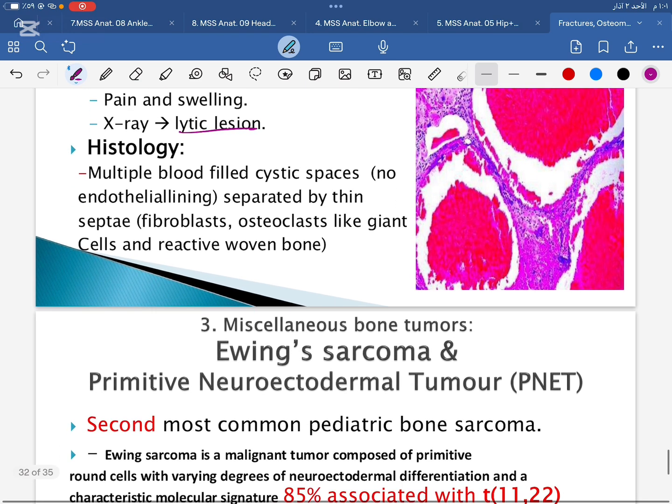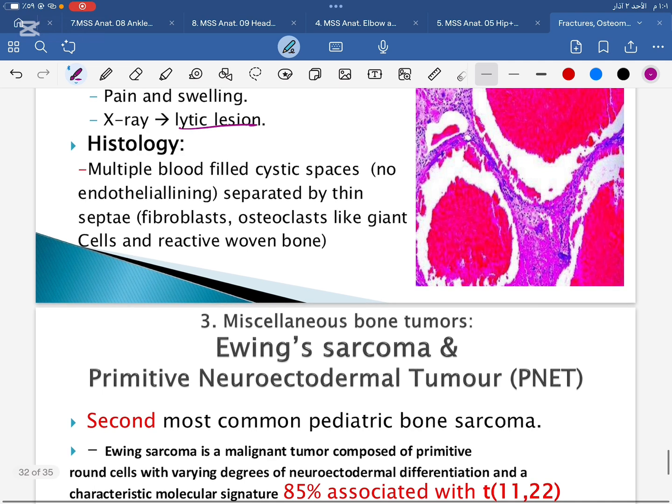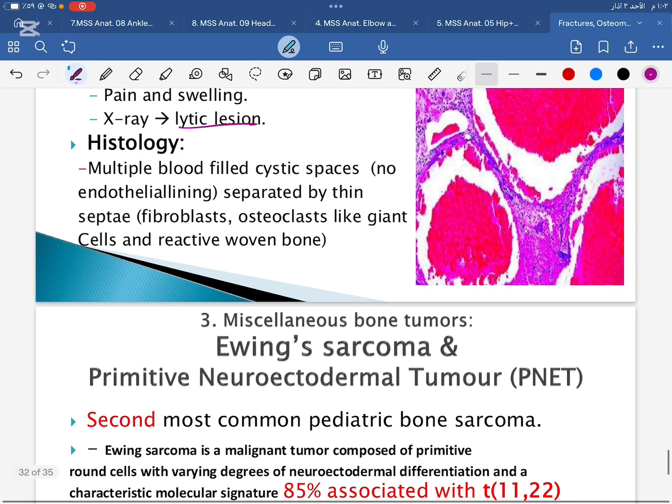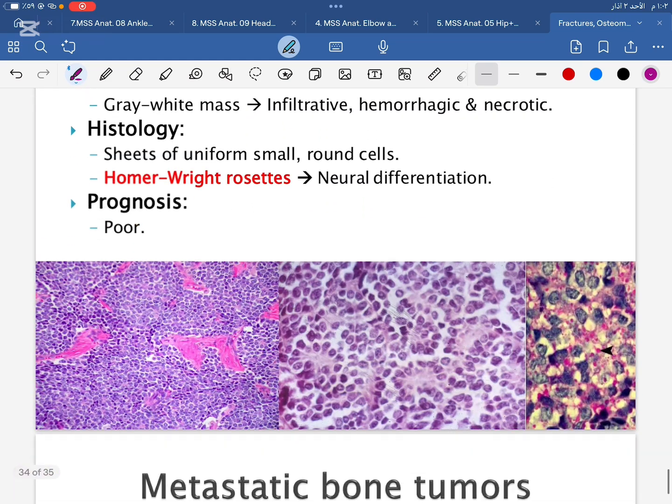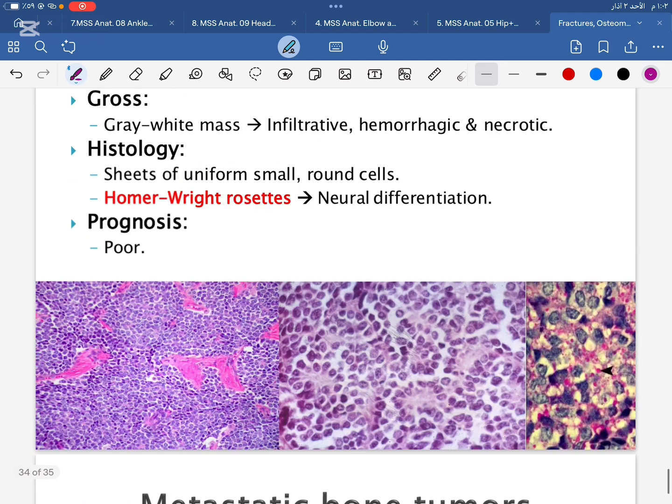There is no endothelial lining. Sometimes ممكن نستخدم certain immune stains to highlight there is no endothelial lining for these spaces. Separated by thin fibrous septi containing fibroblasts, osteoclast-like giant cells, and reactive woven bone in between these spaces.